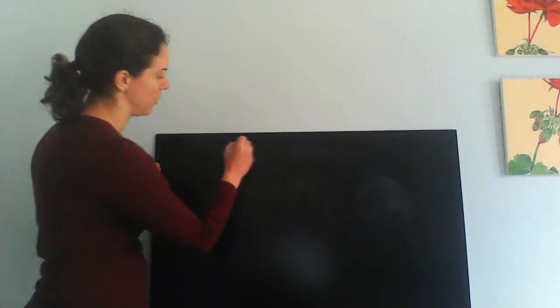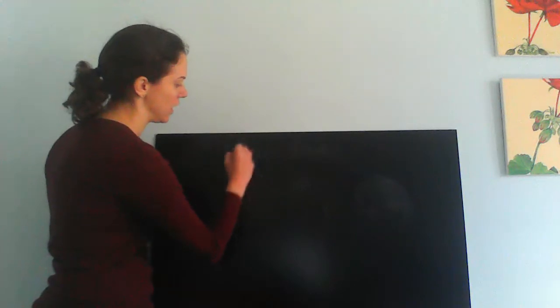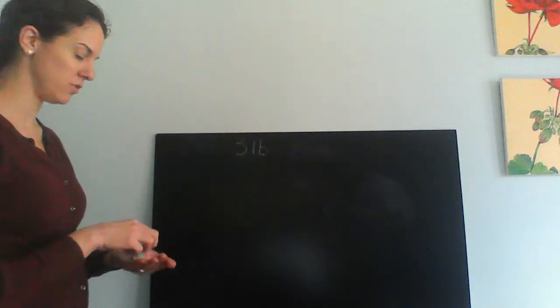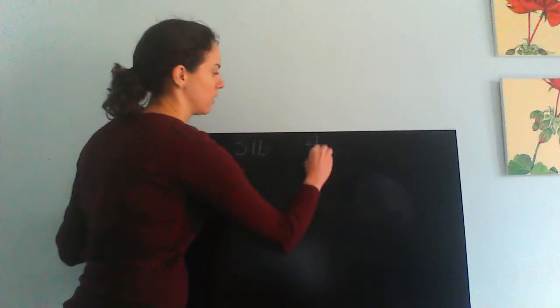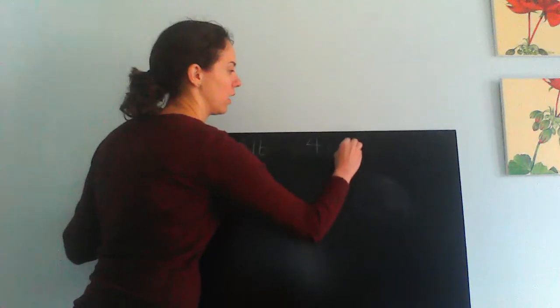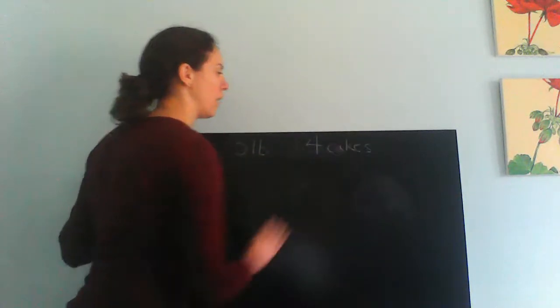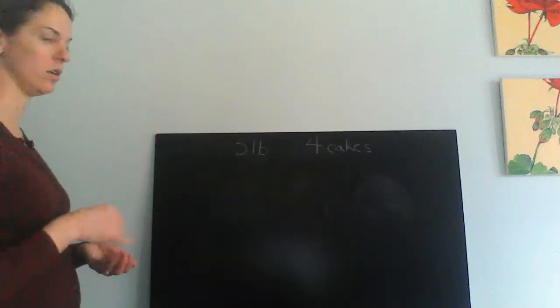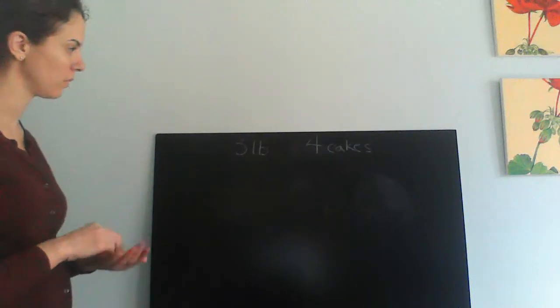Okay, the final part of this video will cover models. So different ways to model these problems. Let's think about this problem. What if you had 3 pounds of flour and you wanted to use all the flour to make 4 cakes? So how many pounds of flour are you going to use for each cake?